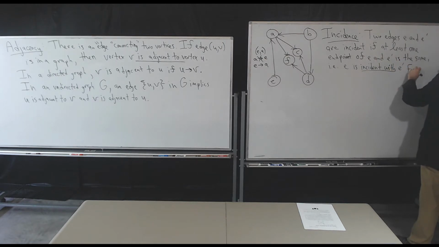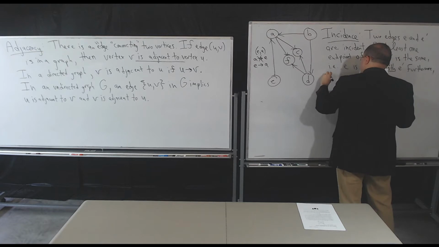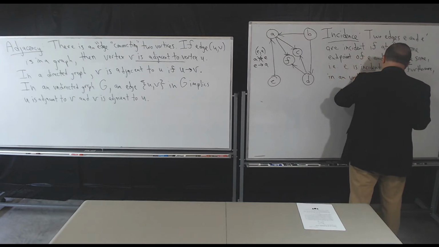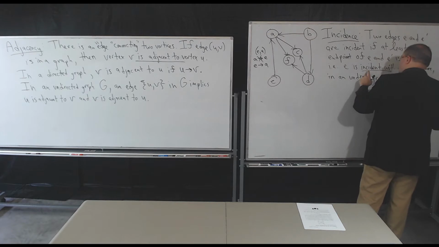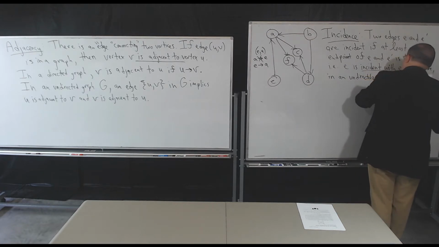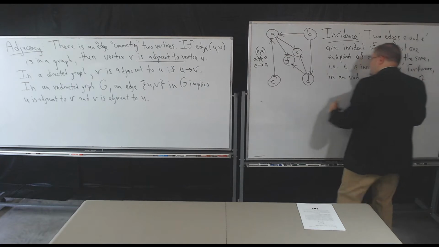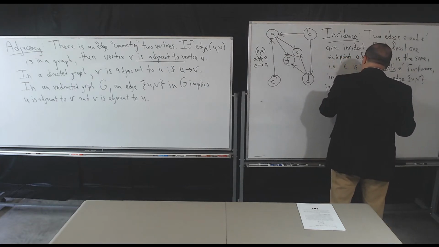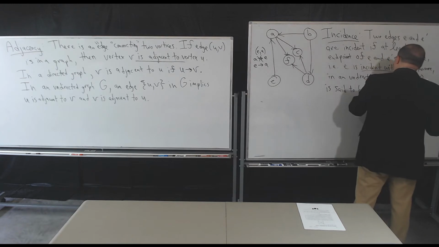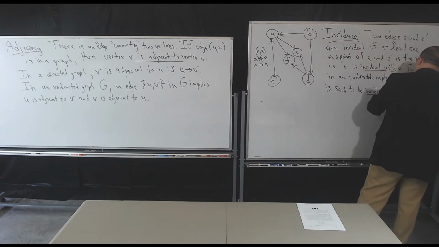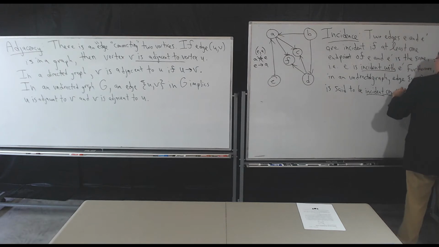So furthermore, in an undirected graph, edge (U, V) is said to be incident on vertices U and V.